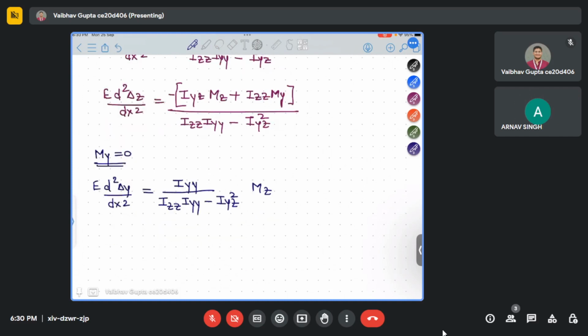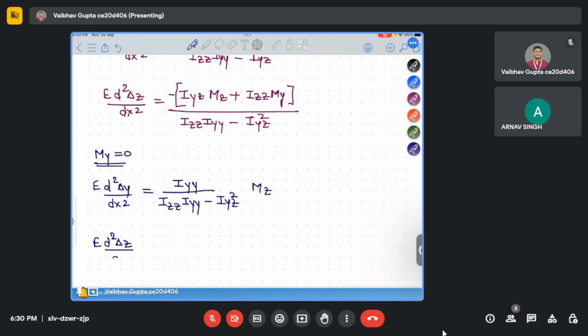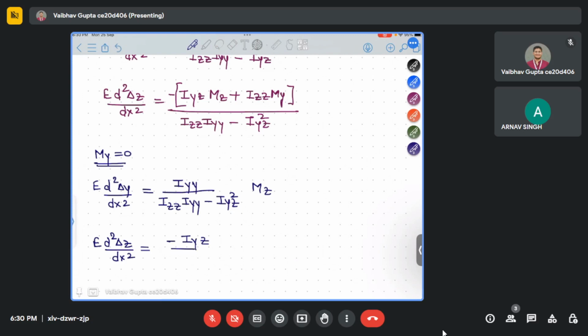And the second one will become minus IYZ upon IZZ IYY minus IYZ square into mz. Okay. After putting my equal to 0, the formula comes out to be this. Okay, sir.